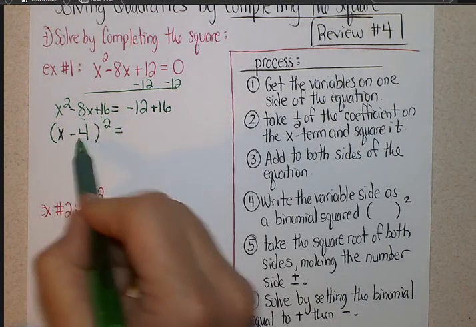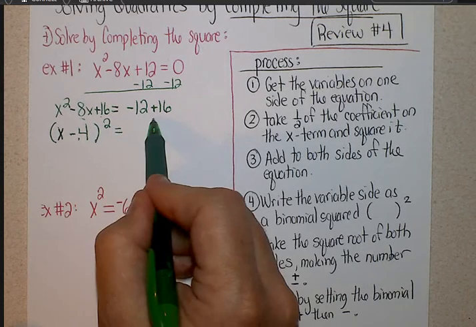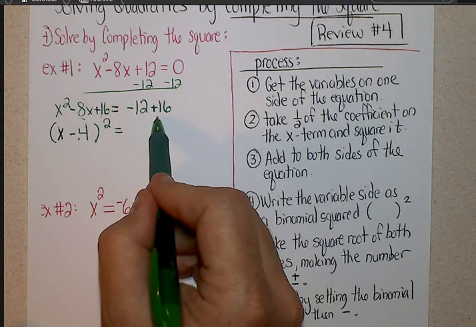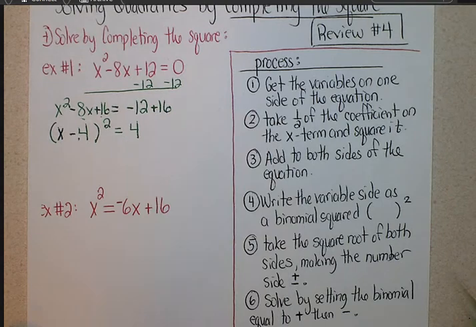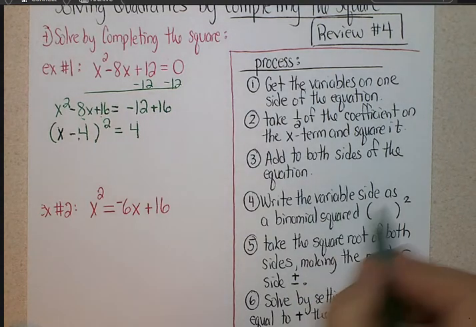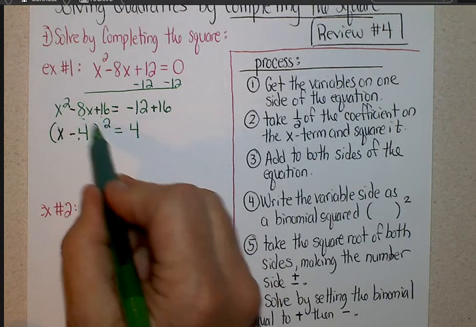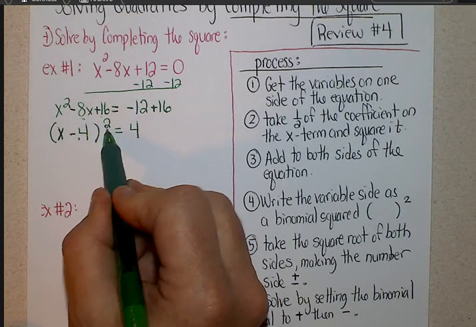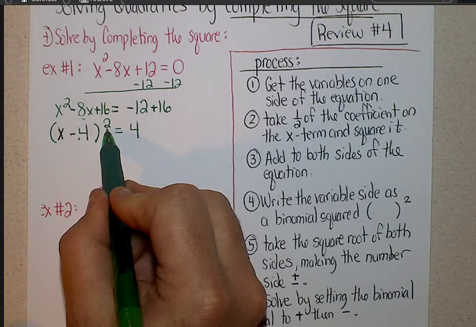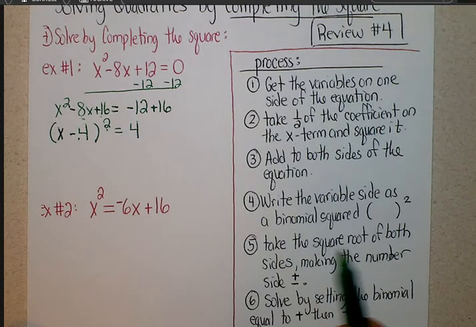And then on the other side, I'm just going to combine the numbers I have. A negative 12 and a positive 16 is a plus 4. All right, so write the variable side as a binomial squared. Now what we're trying to do is get x inside here. And to get inside here, we have to take care of that squared. And the inverse operation of squaring something is to take the square root. So we want to take the square root of both sides.